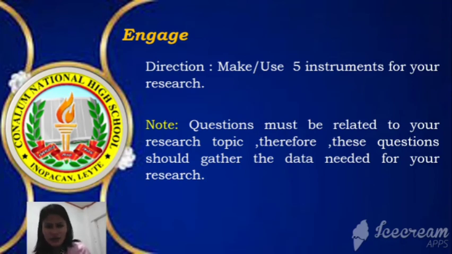So that is why you have to really make and submit the research instrument needed for your research. Okay, so that is your engage. This is a simple task. You just have to be responsible in making your research instrument and submitting it to me, because I will really return this, because you cannot conduct research without a research instrument. You cannot go to the respondent without this research instrument.